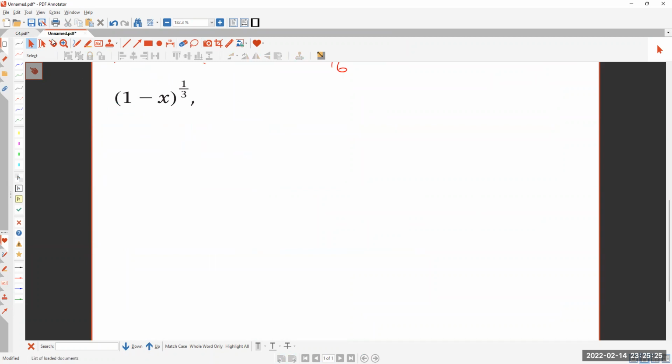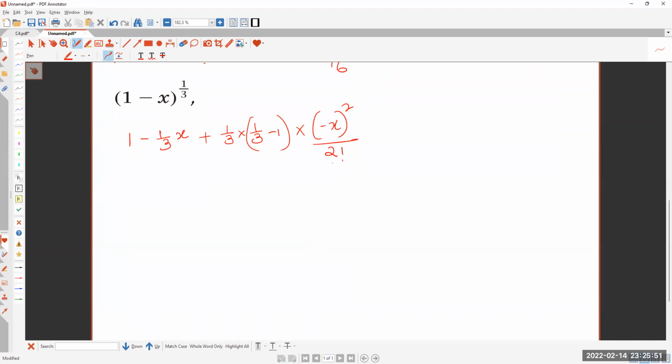So let's start. It's going to be 1 minus 1/3 x, then plus 1/3 into 1/3 minus 1 into minus x square divided by 2 factorial, then plus 1/3 into 1/3 minus 1, 1/3 minus 2 into minus x whole cube divided by 3 factorial, which is 6.